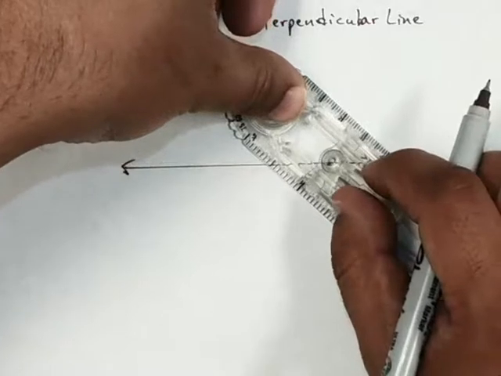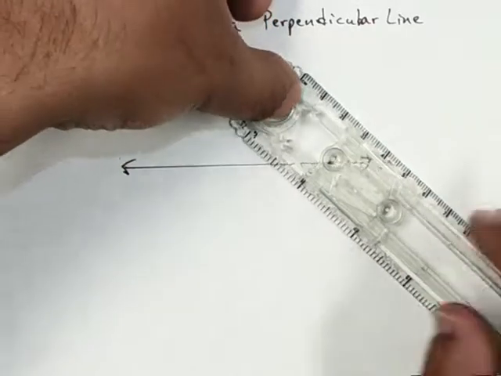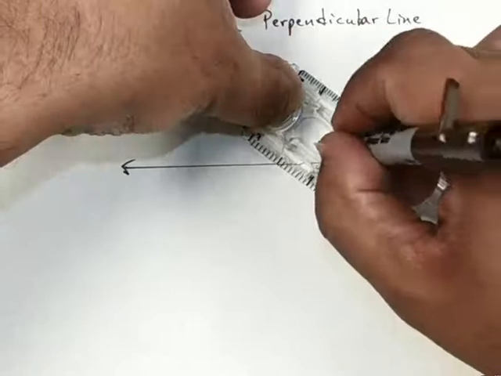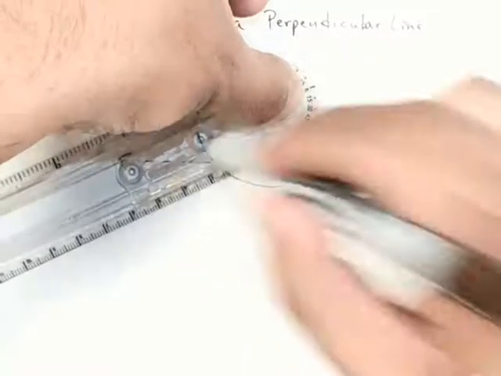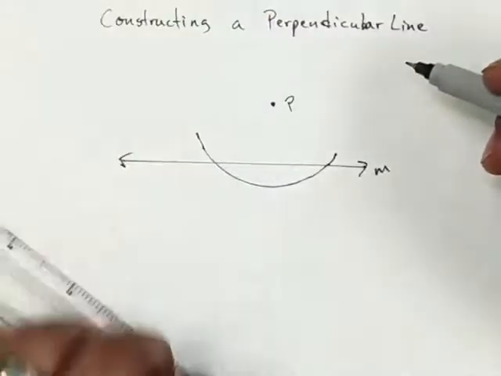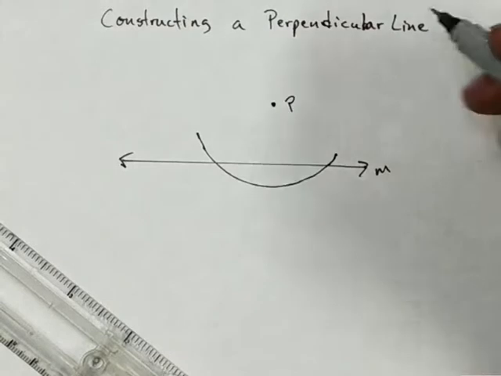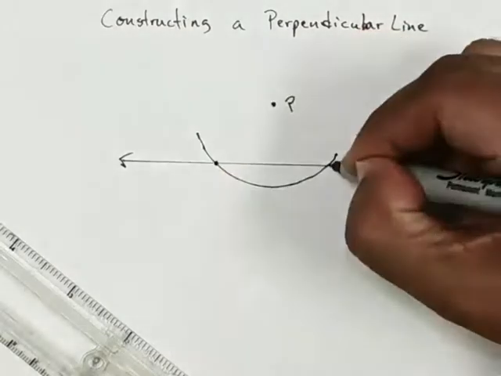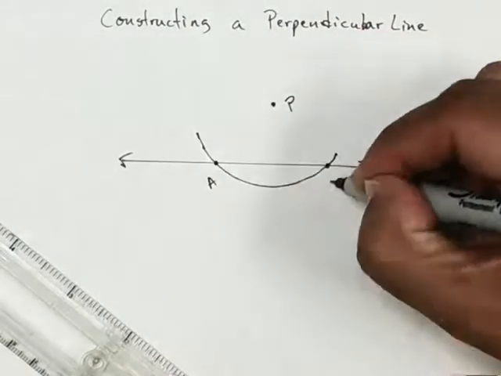I'm going to scoot this up a little bit, and I'm going to make an arc from P. And I want it to cross line M twice. Okay, and so these two new points, I'm going to call point A and point B.